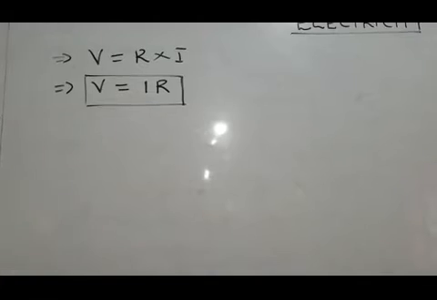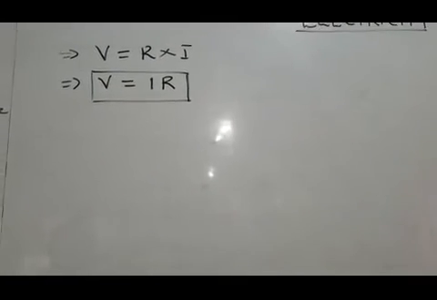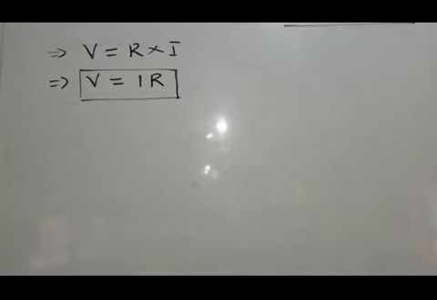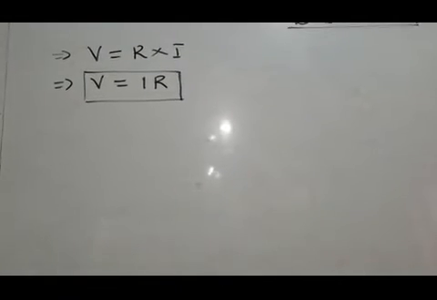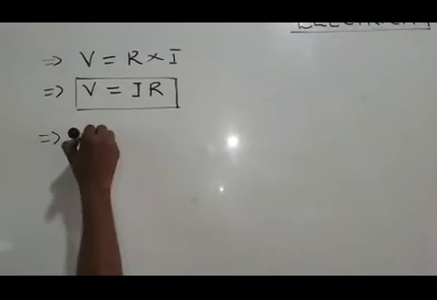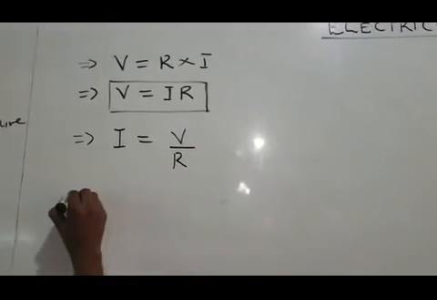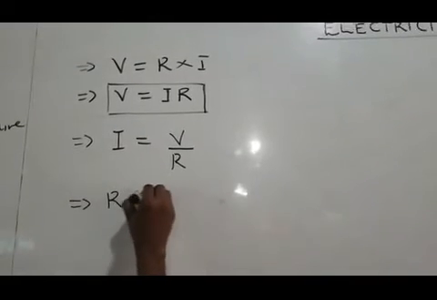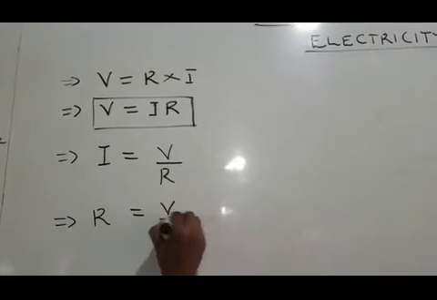We make use of this equation a lot when we start looking at calculations, so this is one of the important equations you shouldn't forget. V equals IR. In case you're supposed to make I the subject, your I becomes V over R. If you're looking for R, your R becomes V over I.